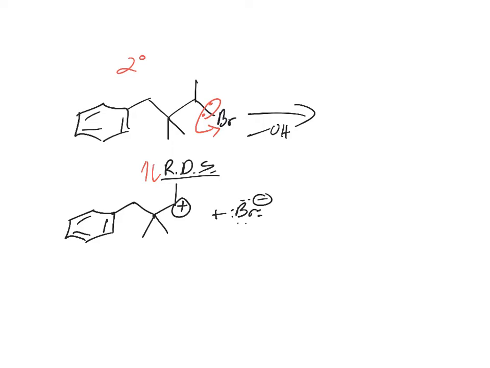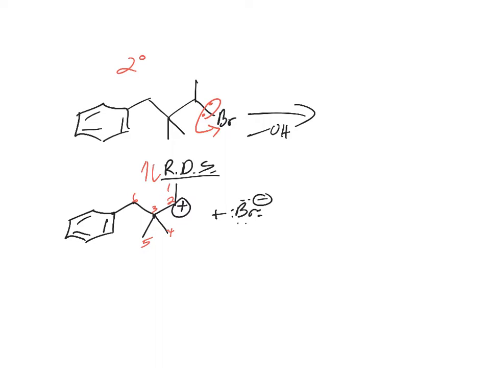So this is where numbering is important. 1, 2, 3, 4, 5, 6. Is there anything 2 sigma bonds away from the carbocation that I could move to make a more stable carbocation? Because I'm never going to go uphill. I'm only going to make a more stable one.